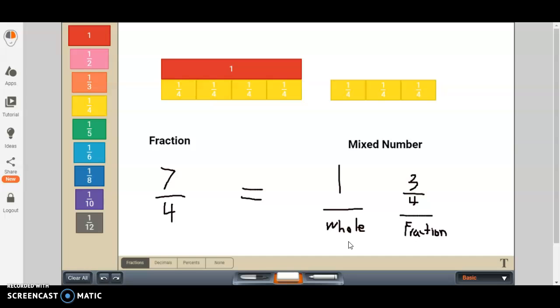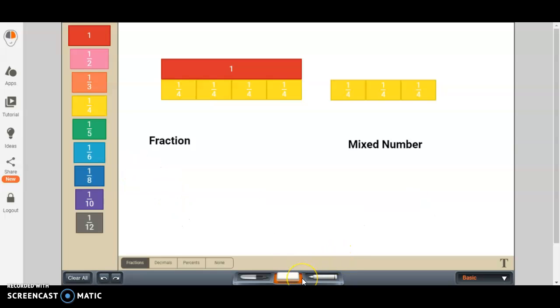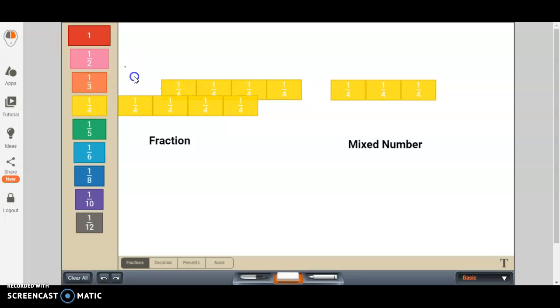Okay, so let me change things up a little bit. So, if I were to change this up just a little bit, how would I write this number as a fraction?